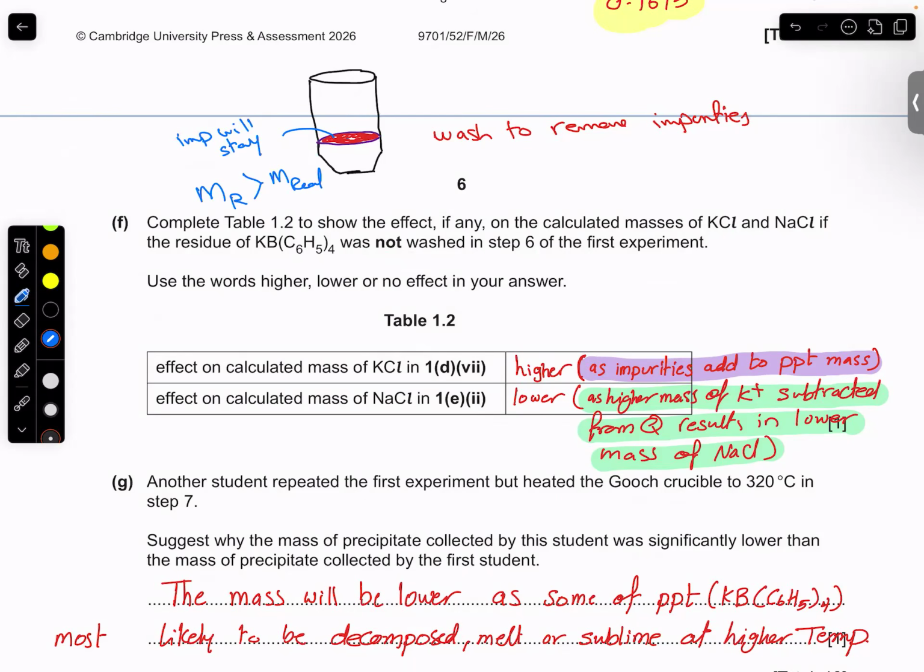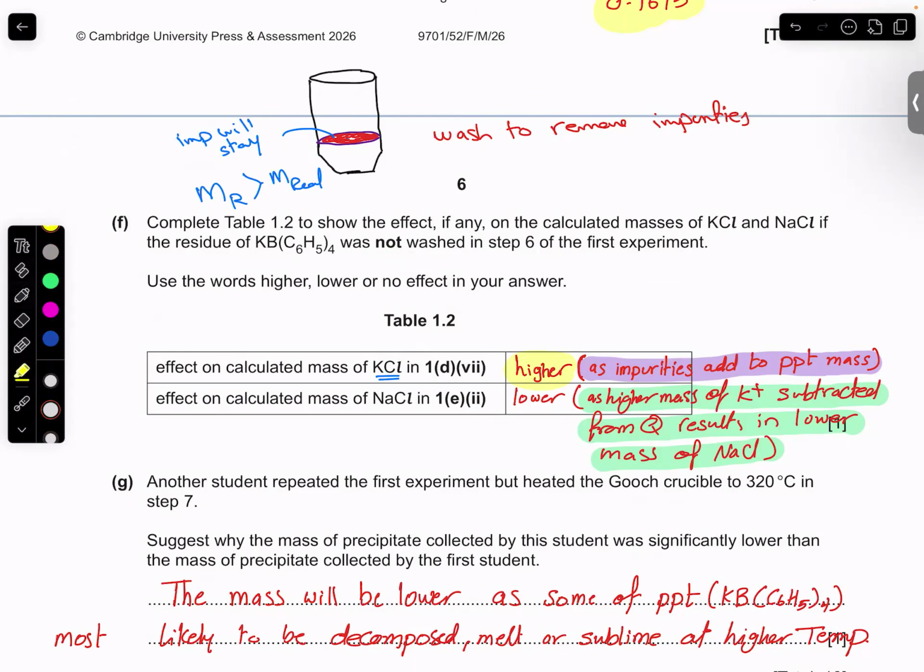When we calculate the mass of K according to this, we will calculate it plus the impurities. So the mass of KCl will be higher than expected because it includes the impurities.